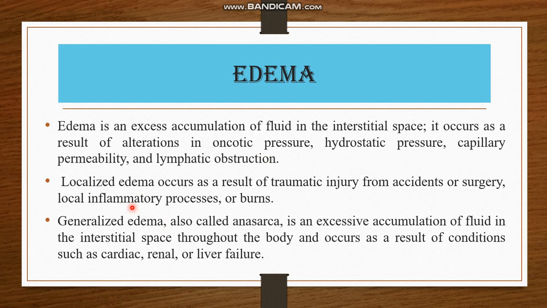Localized edema occurs due to traumatic injury, accidents, surgery, local inflammatory process, or burns. Generalized edema occurs due to excessive accumulation of fluid in the interstitial space throughout the body as a result of cardiac, renal, or liver failure. Generalized edema is also called anasarca.